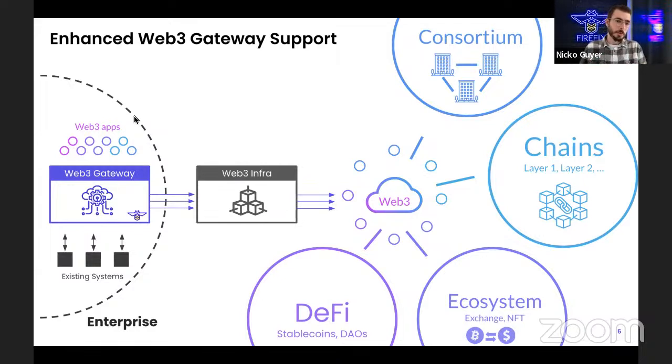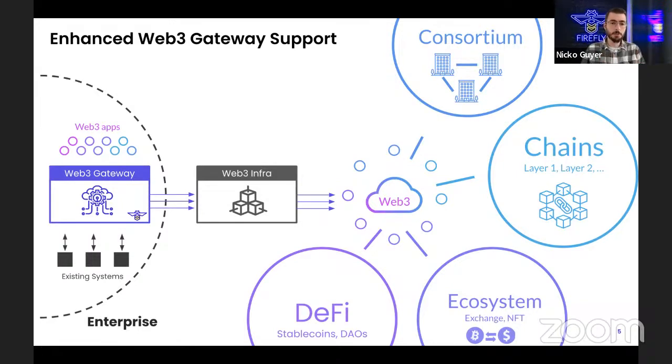Prior to FireFly and having a common platform to build blockchain apps on, most of the solutions over here were custom one-off solutions. There was no common, open source framework that fit this middleware that sits between the blockchain and my Web3 apps that I need to build, and also integrates well with existing systems. And FireFly solves this need.